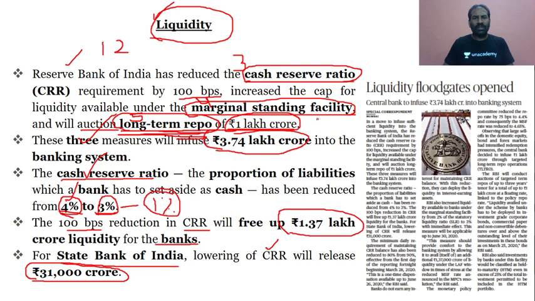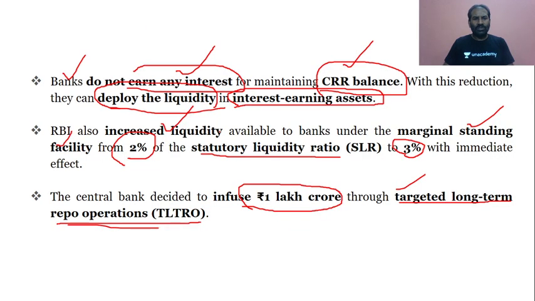We have also looked at the cash reserve ratio reduction from 4% to 3%, that is 1%, which will pump 1.37 lakh crore rupees into the banking sector. This could definitely be helpful from the prelims point of view.